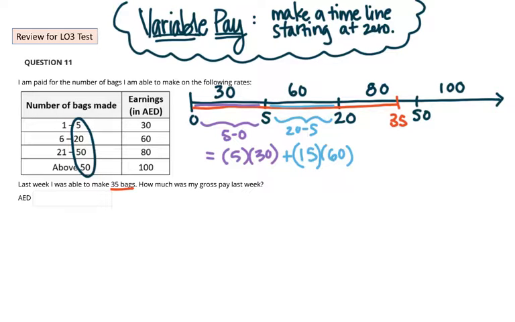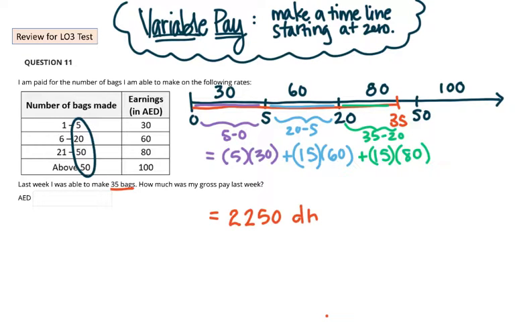In the next category, we subtract the endpoints. 35 minus 20. There's another 15 bags, and we made in that category 80 dirhams each. So now we can calculate, and we get a total payment of 2,250 dirhams.